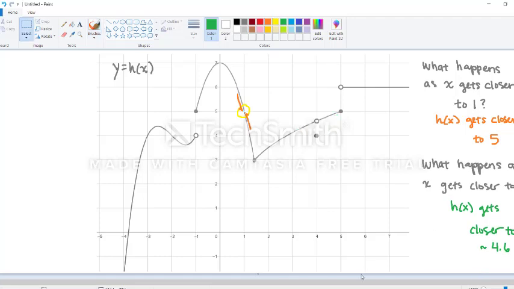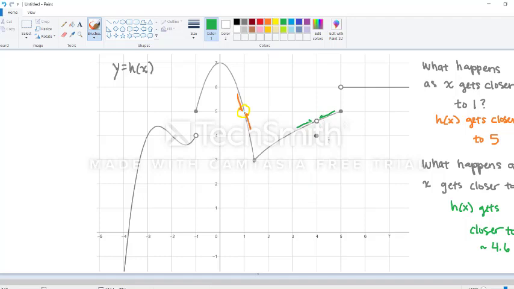If we go back to the original picture before I removed anything, I can see that that's indeed where the hole looks like it is, right? Around 4.6-ish. But that means that the function never gets there, right? There's a hole.